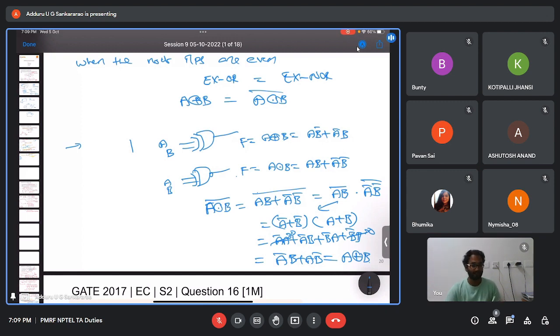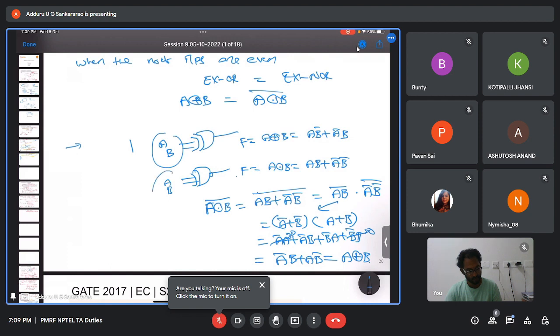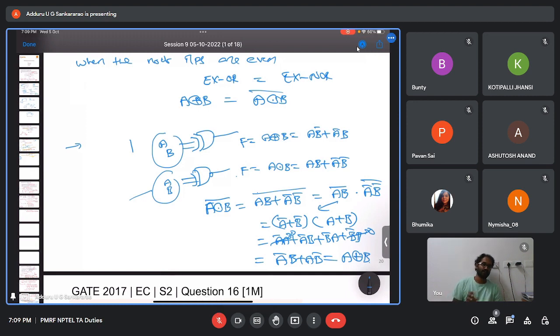Okay. When the number of inputs are even, like this, you can check later also. If the number of inputs to an XOR gate is even, then the XOR gate complement is the XNOR gate and the XNOR gate complement is the XOR gate. So vice versa.